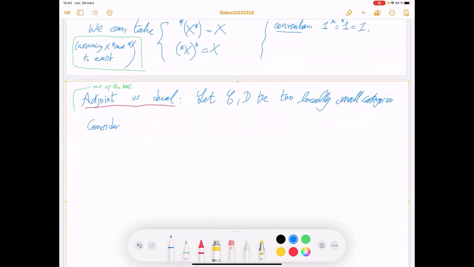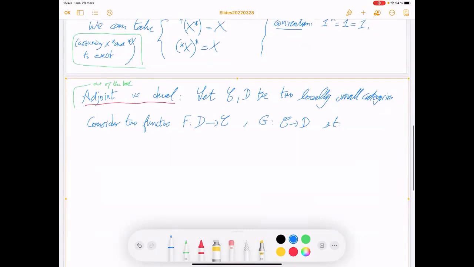Consider two functors F from D to C, G from C to D, such that we will have a condition which looks like the notion of adjoint matrix, where the Hom set plays the role of inner product.